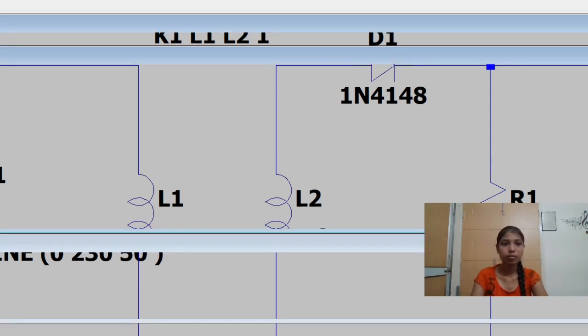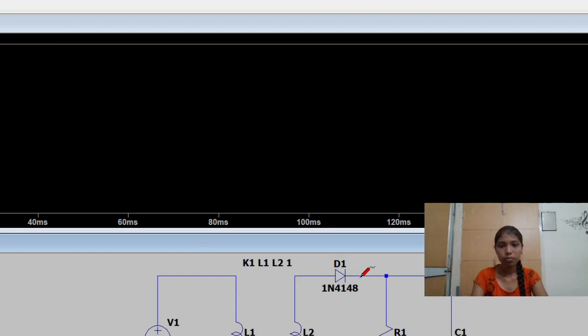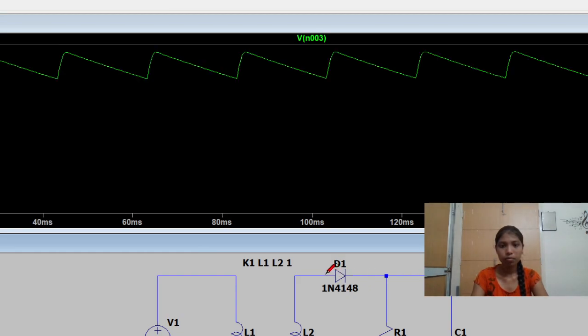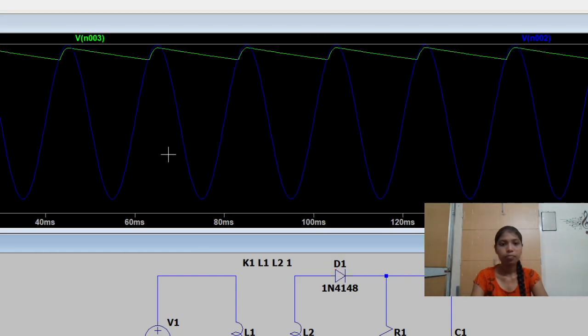Let's run it. Here we use a silicon diode. This is the graph for it.